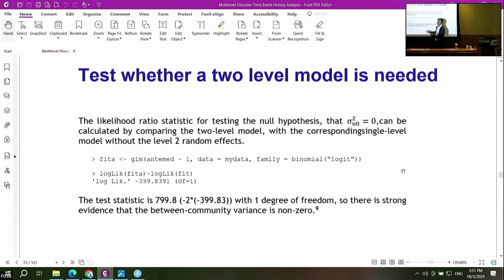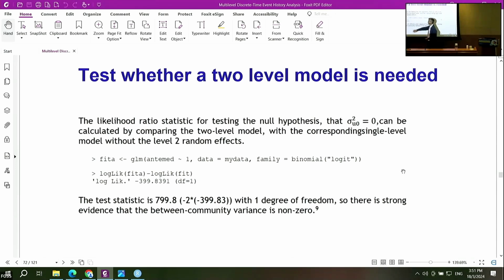So we're saying that the improvement in the model fit is very big. How do we know it's very big? Because the change of 800 on 1 degree of freedom is very, very significant. Usually, anything less than 3.8 would not be significant at the 5% level.